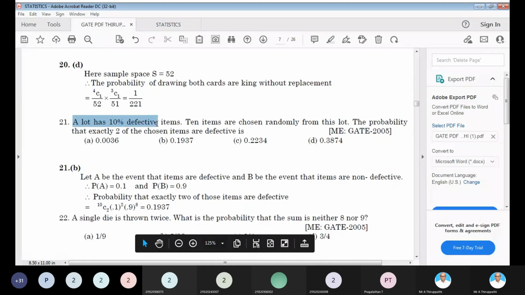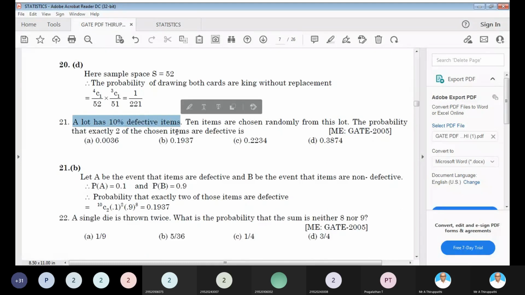A lot has 10% defective items. So P is equal to 10 by 100. 10 items are chosen at random from this lot, that is the number of trials is 10. What is the probability that exactly 2 of the chosen items are defective?